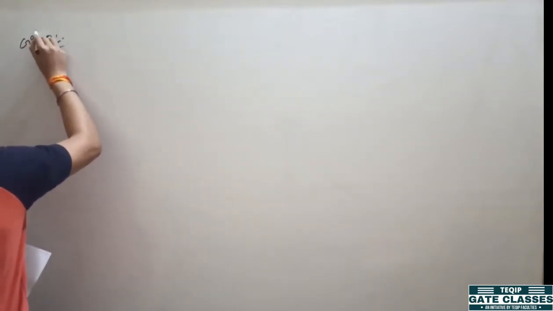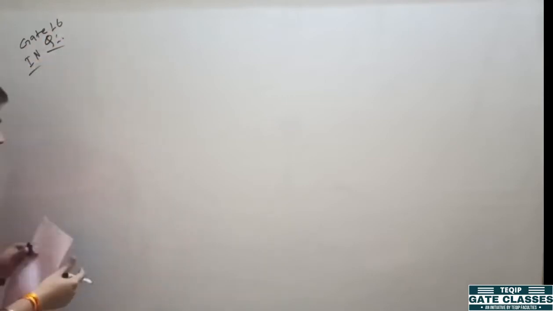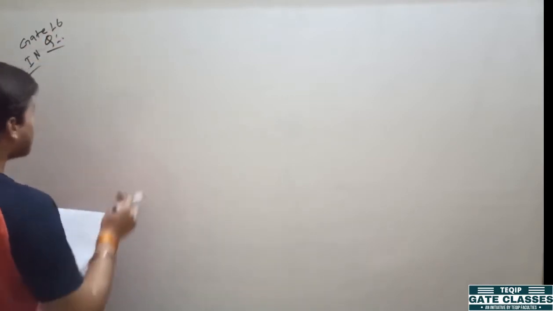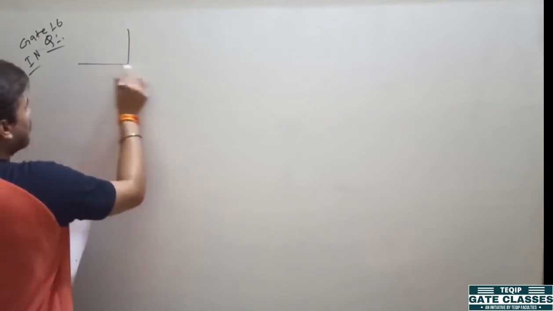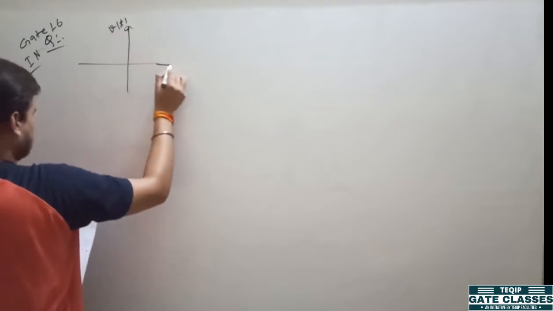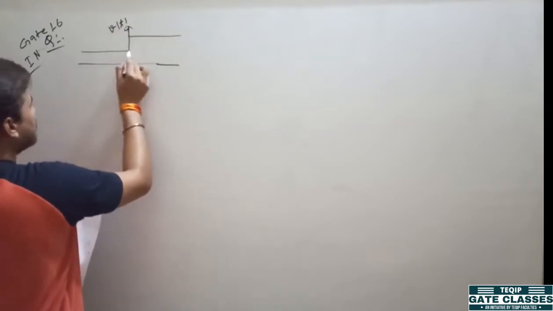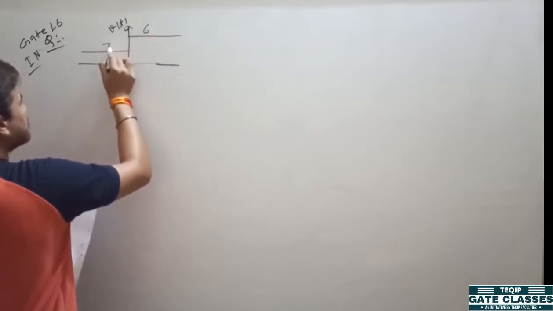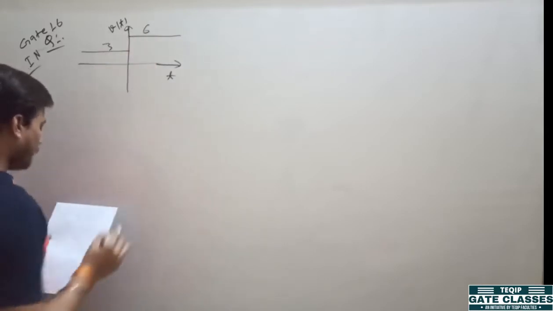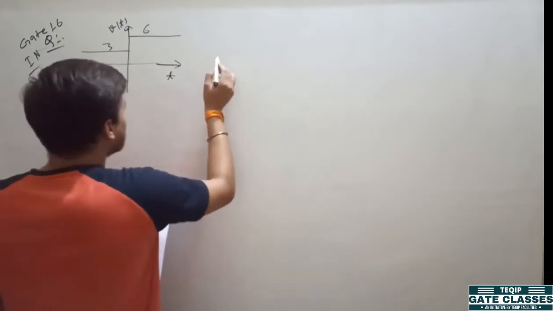GATE 2016, instrumentation engineering. This question was asked in instrumentation engineering. A waveform V(t) is given here. Here it is 6, here it is 3, and this is T. Now they are saying that this V(t) is being applied across this circuit.